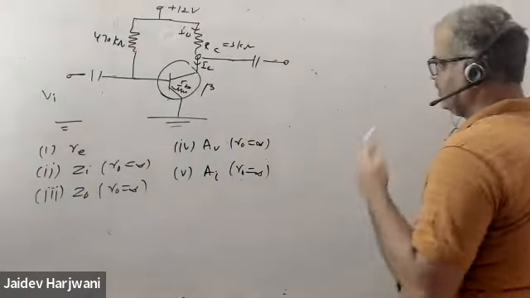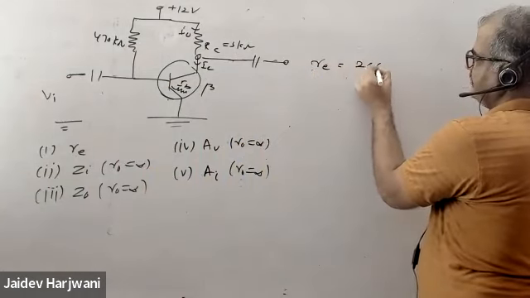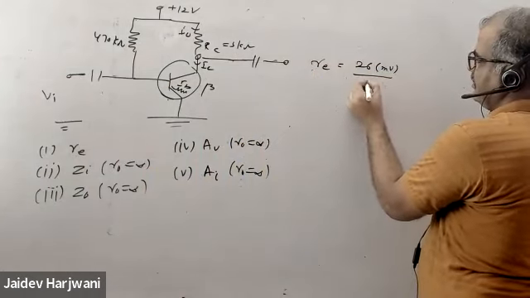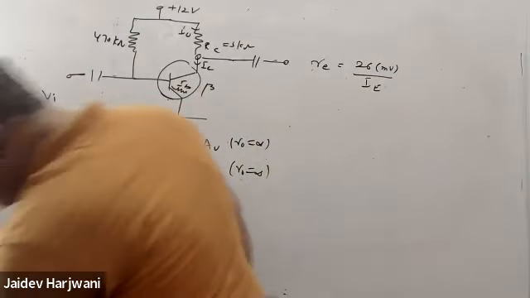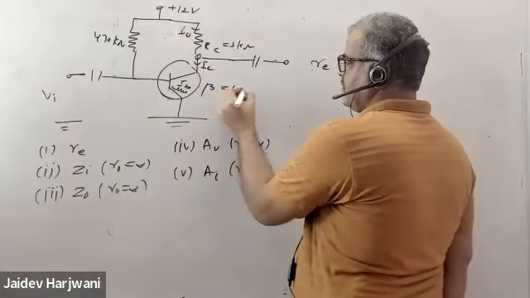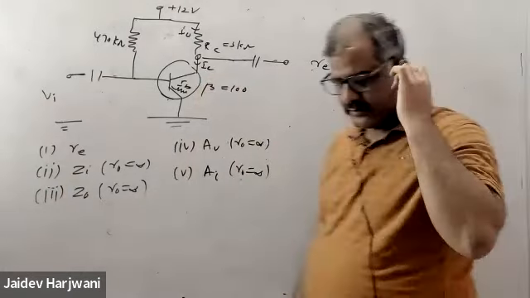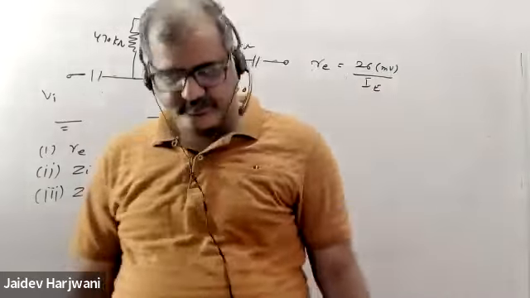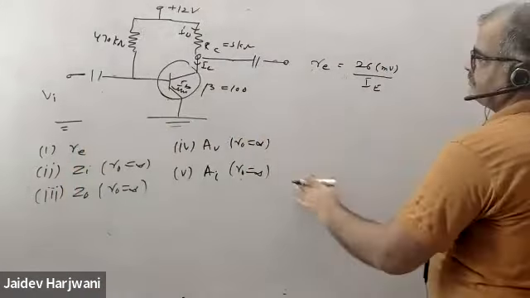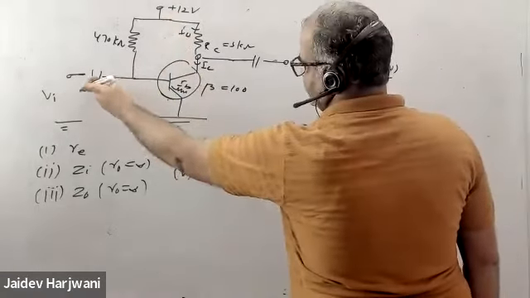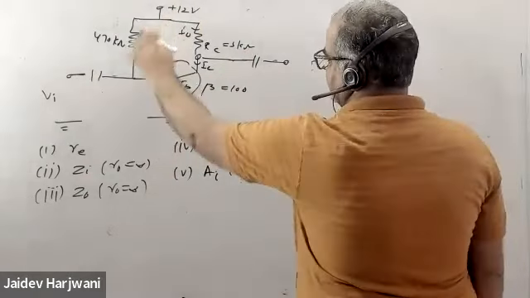So first you want to calculate RE. RE is 26 millivolt upon IE. Beta is given as 100 in the question. So first you have to do DC analysis. In DC analysis, the capacitors become open. Okay, you have this circuit.